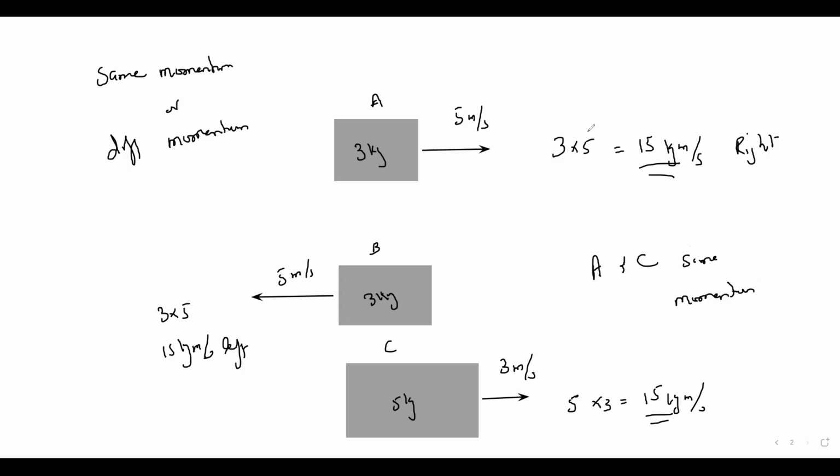Even though their masses are different and their speeds are different, the product of mass and speed is the same, and they're moving in the same direction. That is why they have the same momentum. So momentum is a product of mass and velocity, and it also depends on direction because it is a vector quantity.